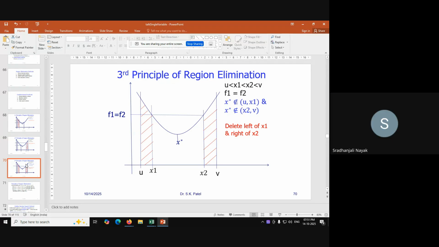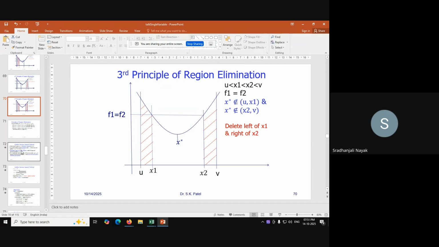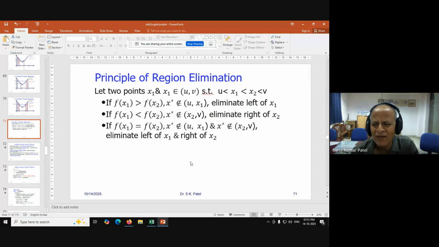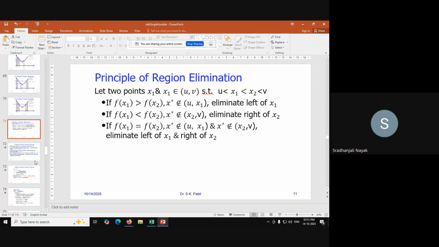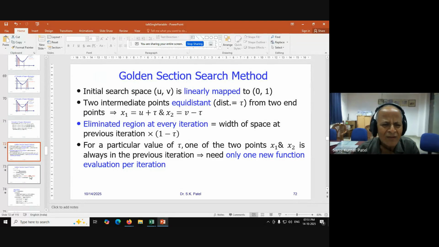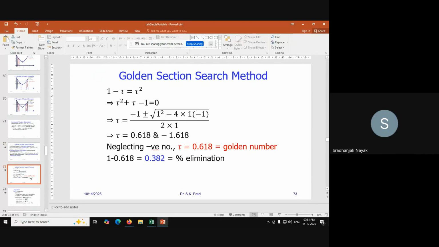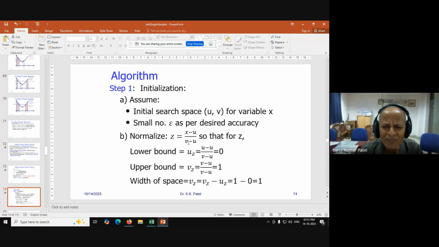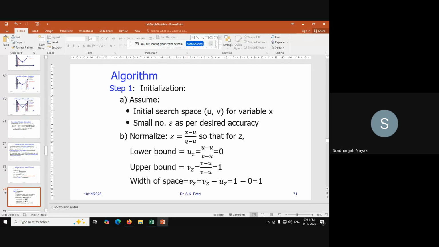The equal condition, F1 equal to F2, also completed. Then this slide number 71, completed. Okay, then the algorithm. Let us start then.